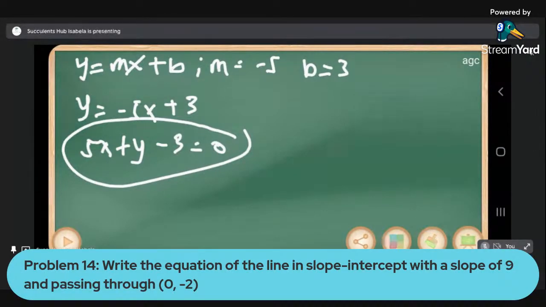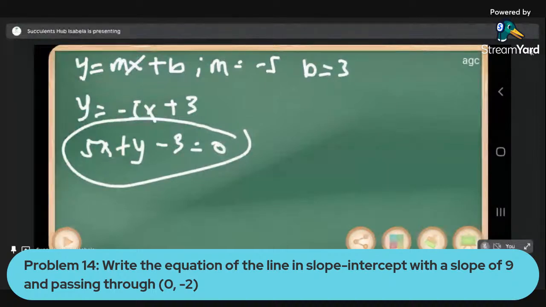Okay, let's try problem 14 and then we're done. Write the equation of the line in slope-intercept form with a slope of 9 and passing through the point (0, -2). So take note, meron tayong point na (0, -2). Baka sabihin nyo, nasaan yung ating y-intercept? That is already your y-intercept, which is -2. Ano? Kasi dumaan siya dyan, tapos yung x-coordinate niya is 0.